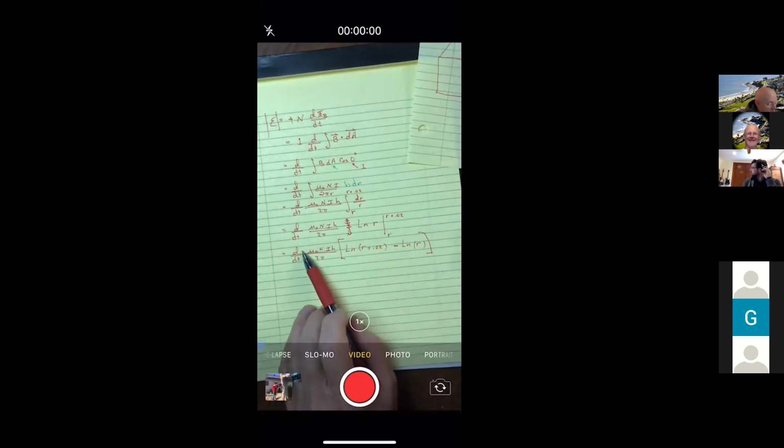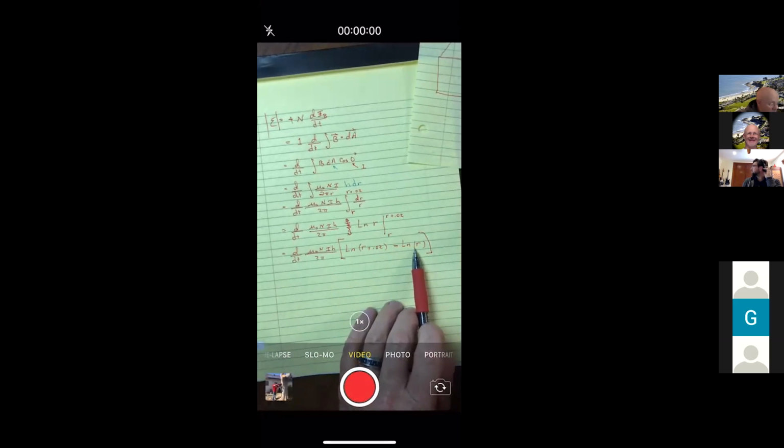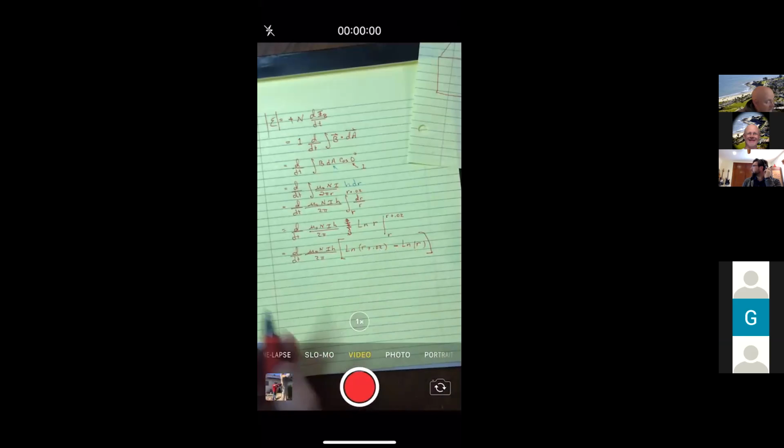And I do not want to do a quotient rule. And so I'm going to leave these alone. I'm not going to put those together.